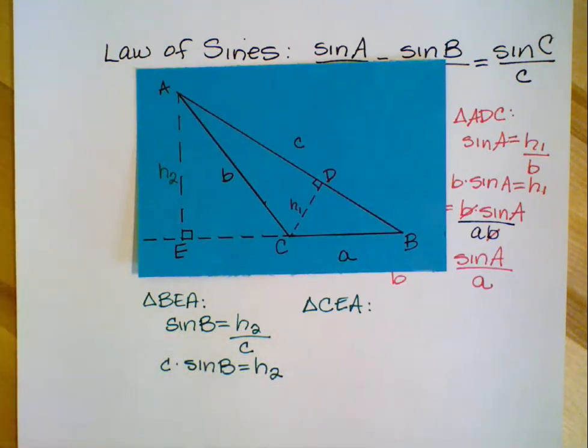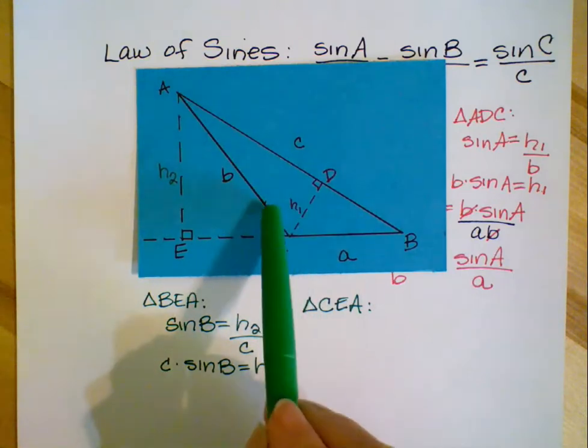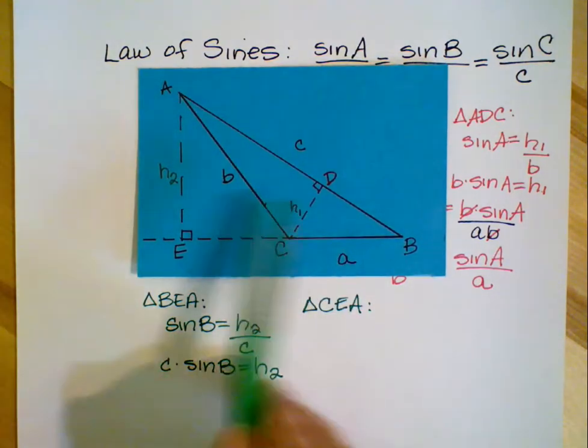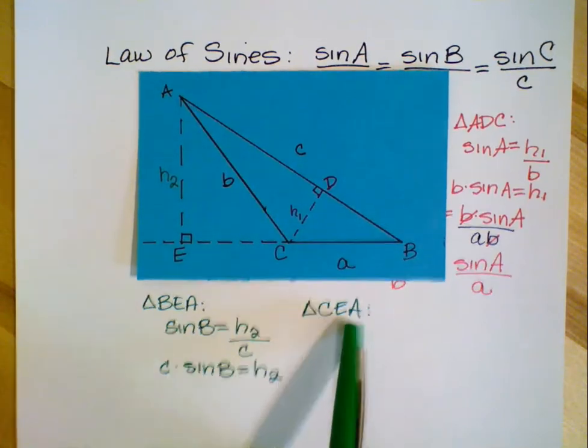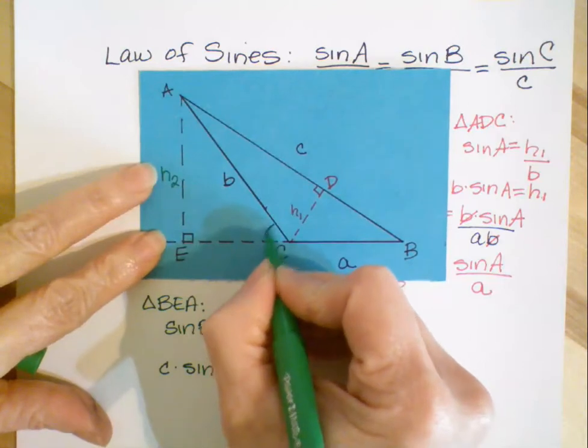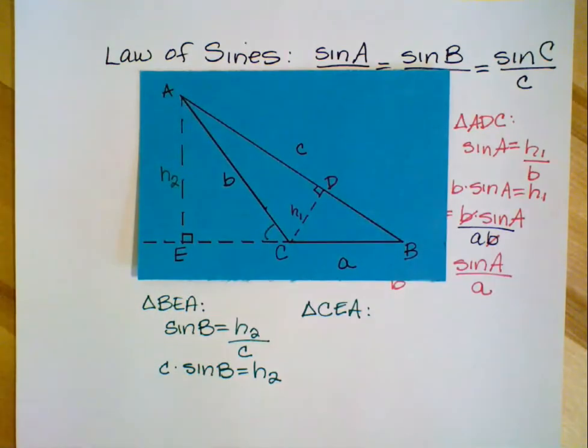Now let's consider triangle CEA. We're trying to come up with something that's going to involve this sine of angle ACB. But in order to do that, since ACB is not in this triangle, let's look at its supplement, which is here, angle ACE.